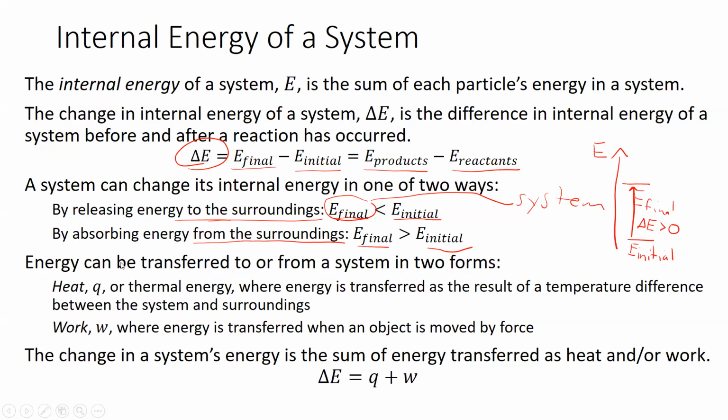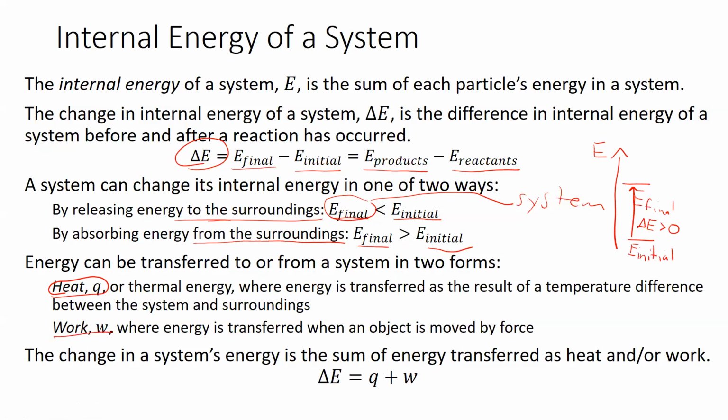And so when we think about energy being transferred to or from a system, understanding how it's transferred is important. The most important for us is going to be the heat. We're going to talk about why this idea of heat, or the thermal energy, the energy of the motion of those particles, is going to be the most important. Heat is energy that transfers based on a temperature difference between two things, say the system and the surroundings. The other way is through work.